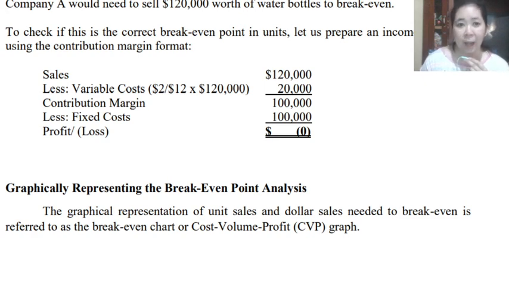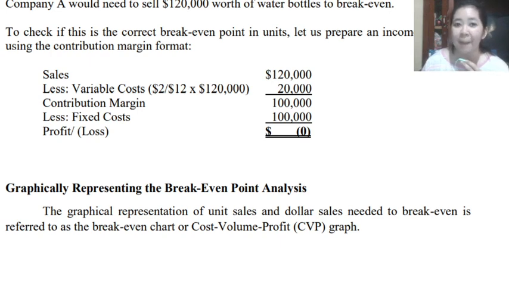Variable cost per unit of 2 divided by the selling price of 12 is 16.66 or 16.67 percent. We will multiply it with the sales of 120,000 to get your total variable cost, which is 20,000. So sales of 120,000 less variable cost of 20,000, your contribution margin is 100,000.